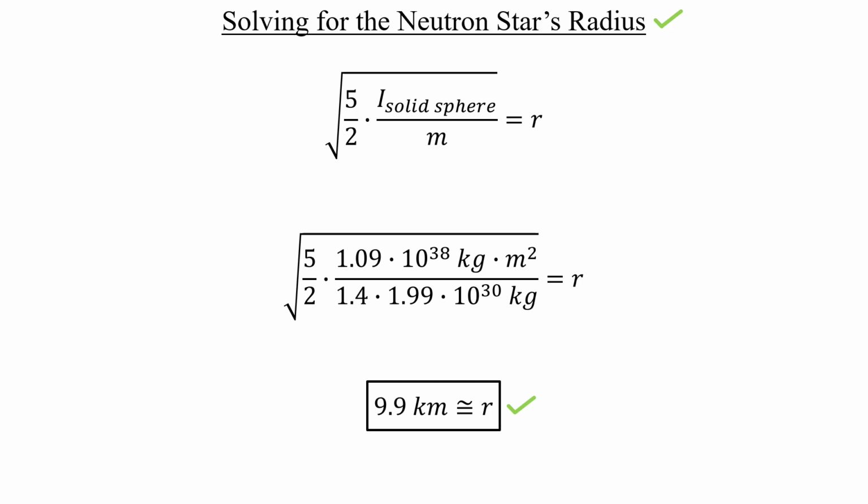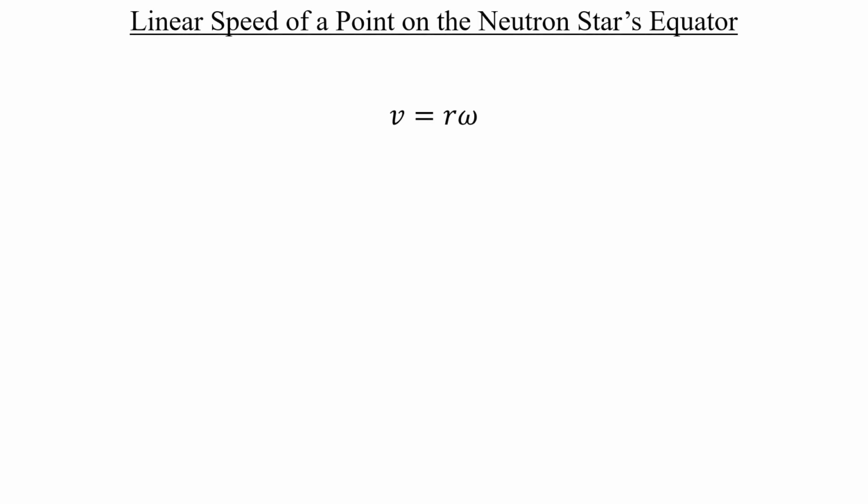Speaking of spinning, we need to calculate the linear speed next for part C. Remember that the linear speed for rotating objects is found using this expression, and we can use the same substitution of 2 pi over the period to plug in for omega, just like we did in part A. So let's go ahead and do that next.